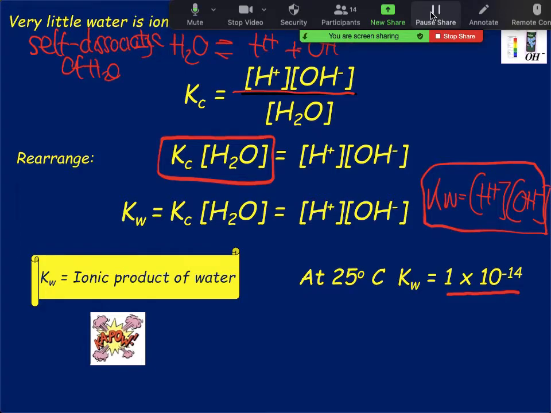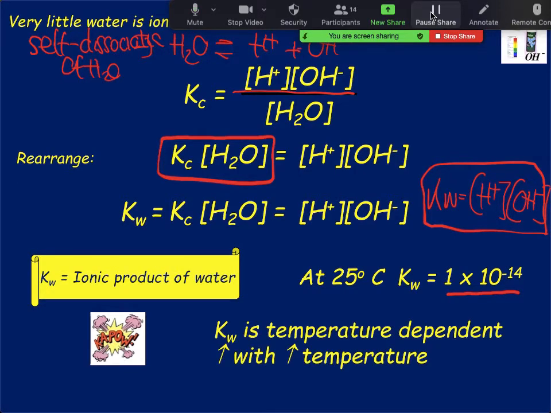So it is temperature. So Kw is going to be similarly affected by temperature. If you increase your temperature, you're going to increase your Kw. That's just a point, and it's like a random question they can ask. So Kc is affected by temperature, and Kw is also affected by temperature.